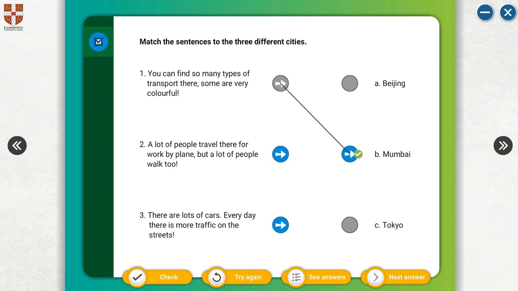And number 2, a lot of people travel there for work by plane, but a lot of people walk too. Can you remember the video?